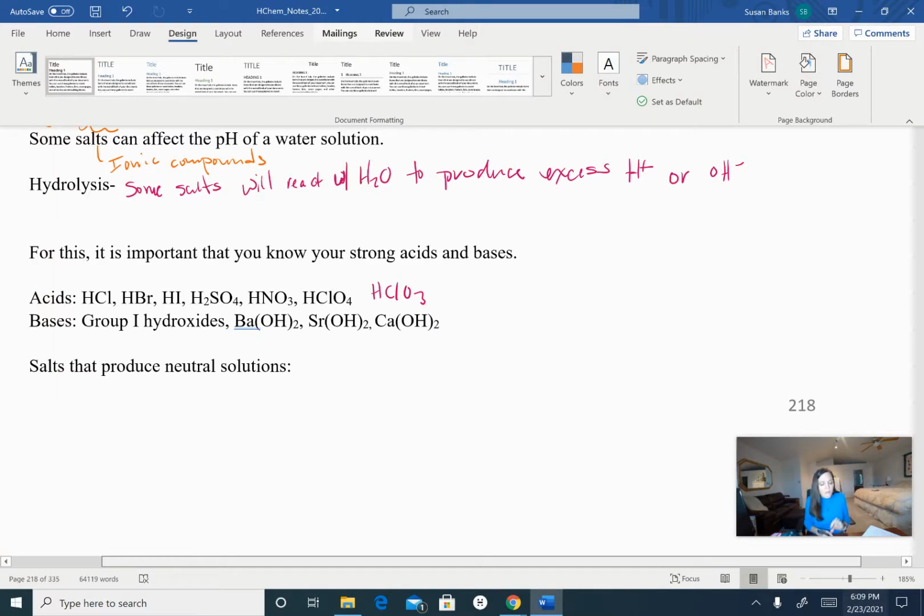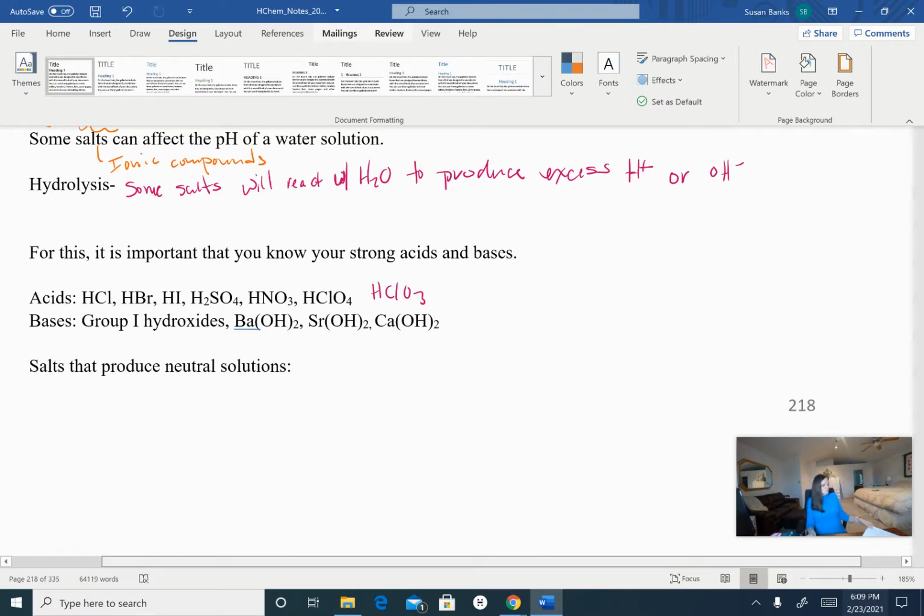For our bases, we have all our group 1 hydroxides, so lithium, sodium, potassium, rubidium, and cesium hydroxides. And then we also have barium, strontium, and calcium hydroxides that are strong, that will dissociate or ionize really quickly and really completely.